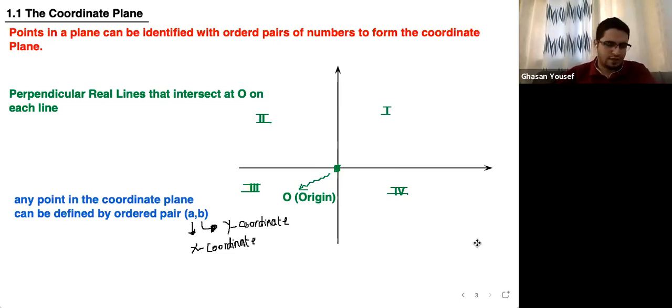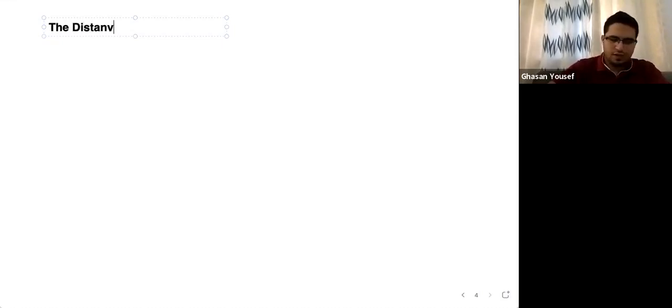So now let me give the definition, the distance formula and the midpoint formula for any 2 points in the Cartesian plane.